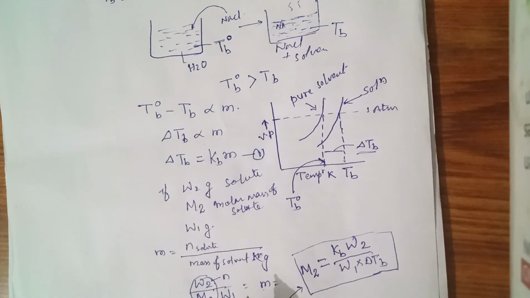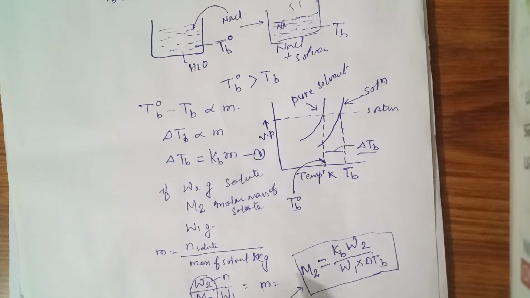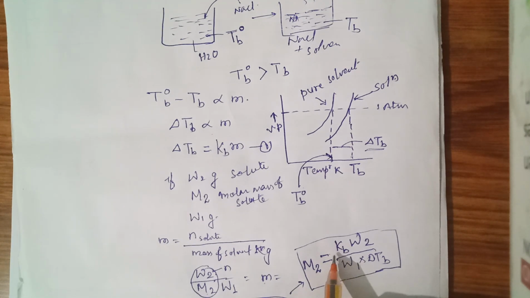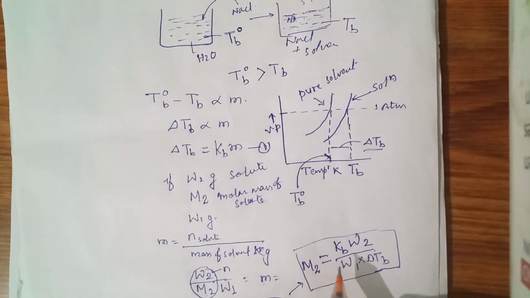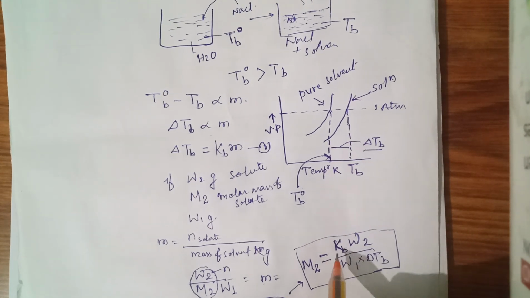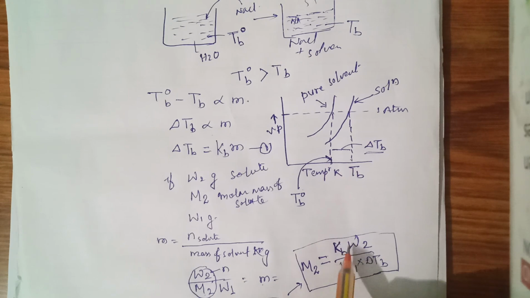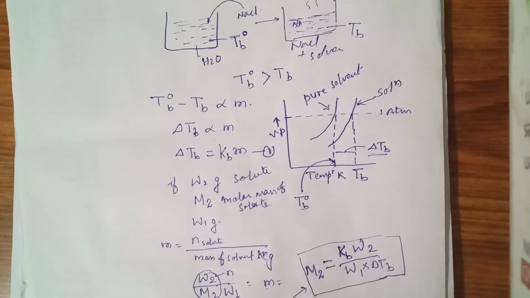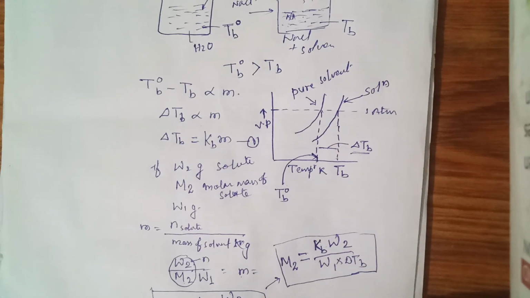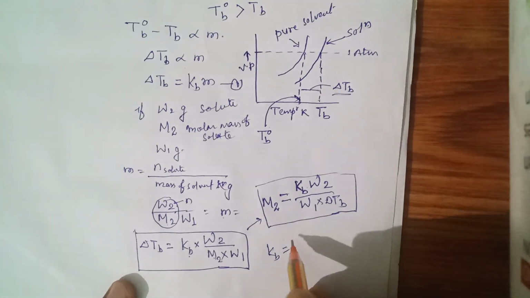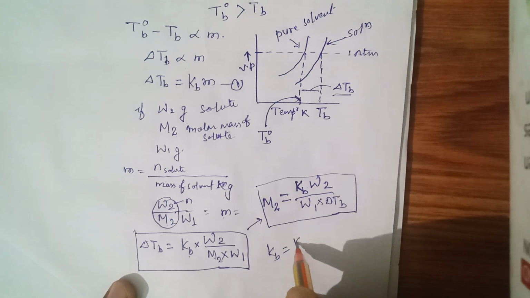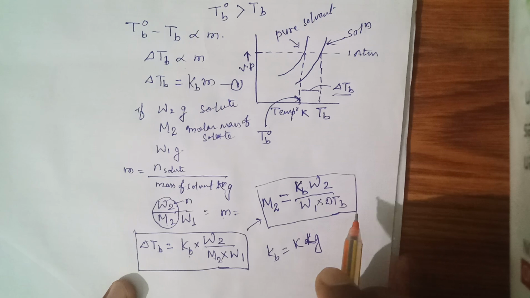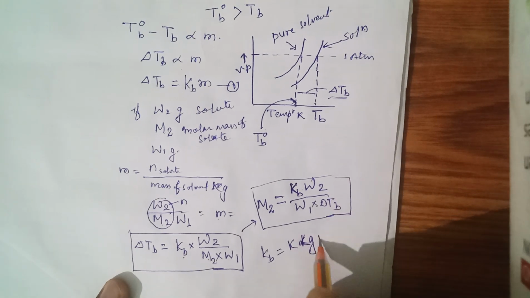Now we would like to find the unit. Sometimes you will be asked the unit of Kb. So just remember, the unit of Kb will be Kelvin kg per mole.